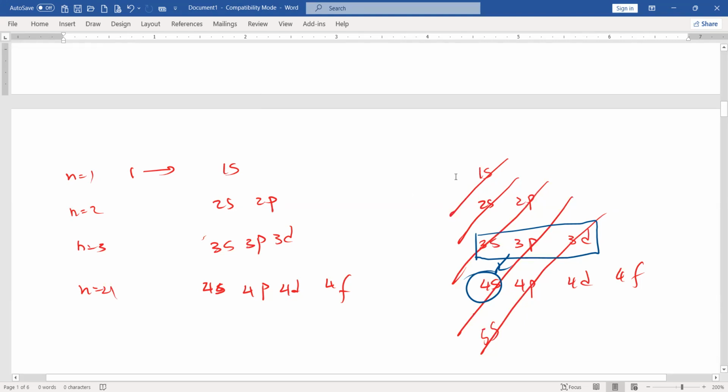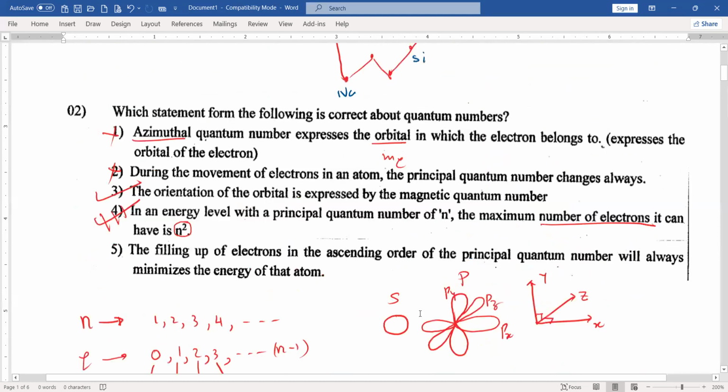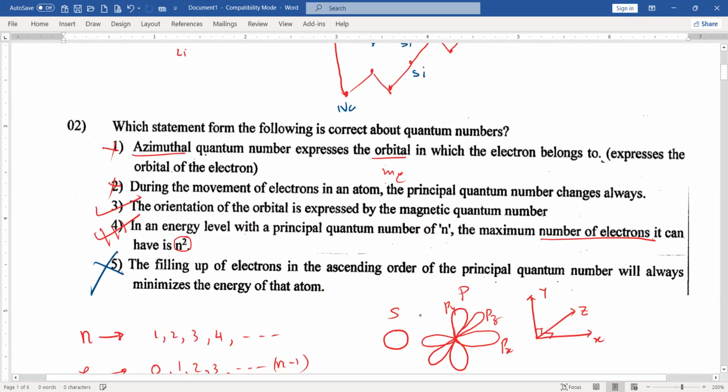According to the statement, electrons must fill the first energy level, then the second, then the third, then the fourth, and so on. But we know that before 3d, electrons fill 4s. Therefore, that statement is also incorrect. So your correct answer is the third one.